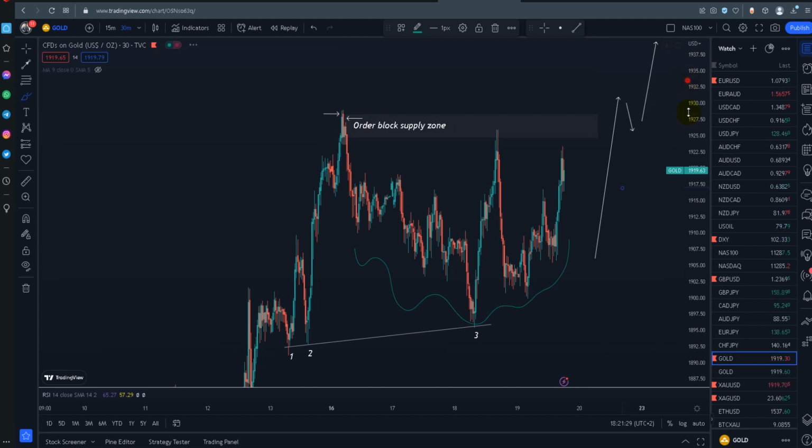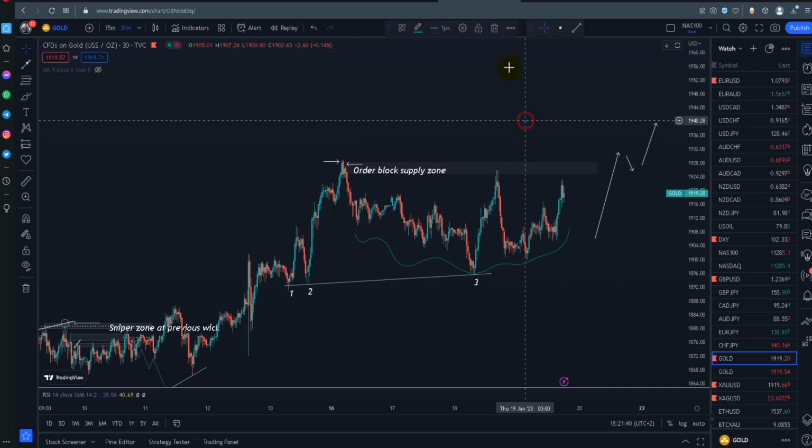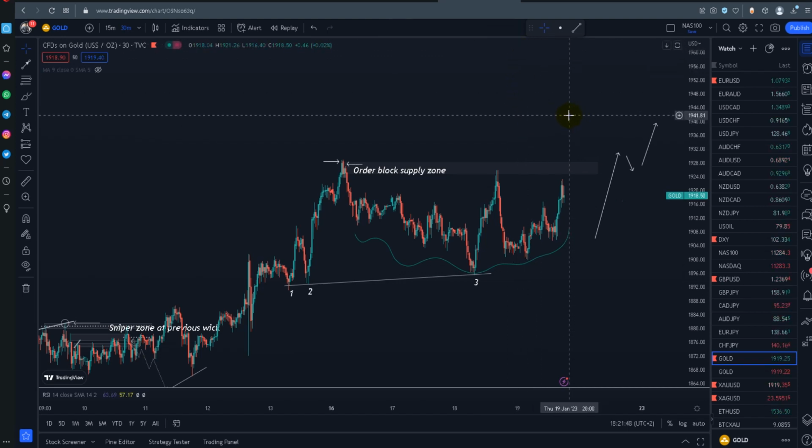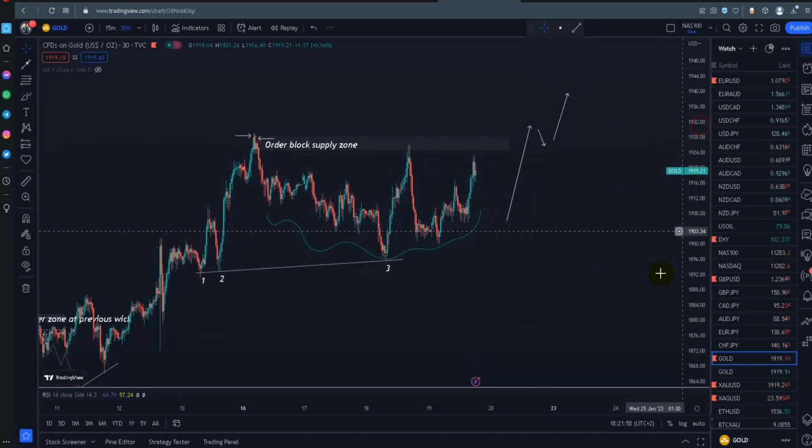If we zoom out and look at the big picture, also try to see the bigger picture. Find the zones, but also try to see where the market is going.